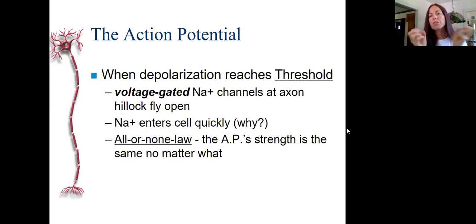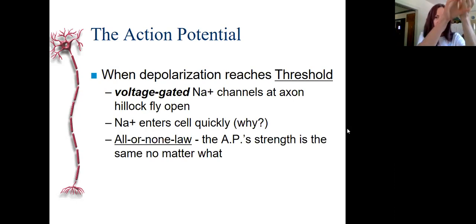These voltage activated gates respond to that threshold level, and they fly open, and they're huge gates. Now all that sodium on the outside just starts rushing in like crazy. And we start to get this electrical charge that starts coming down the axon.